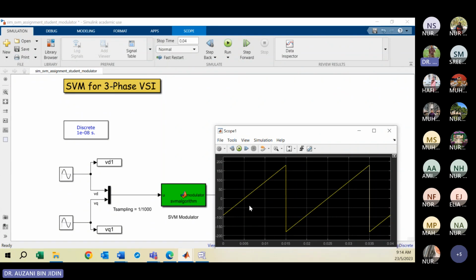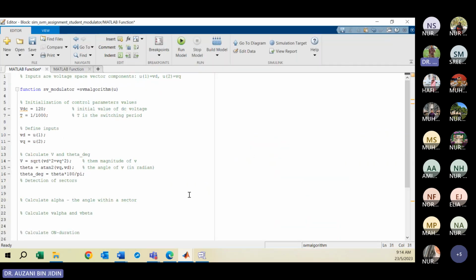You understand or not? You have to write this instruction. Put another one, theta_degree, because we want to differentiate theta in radian and theta in degrees.